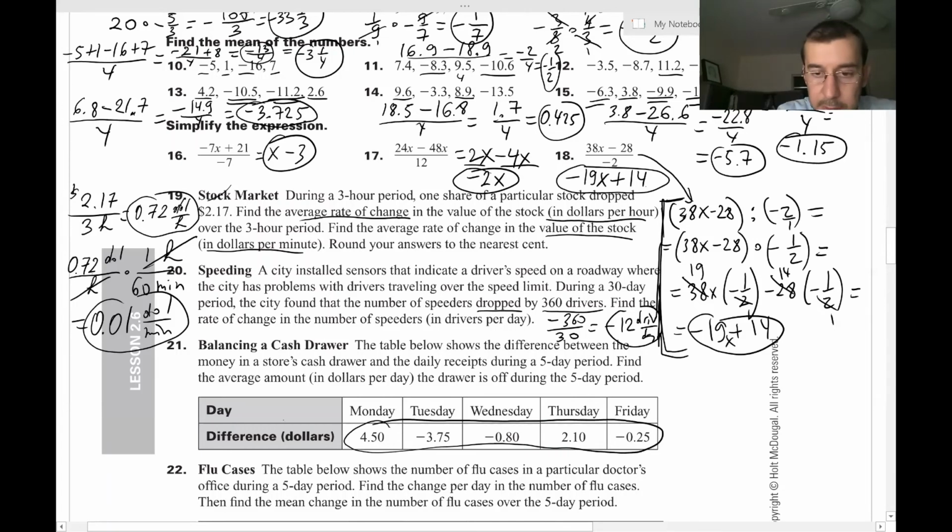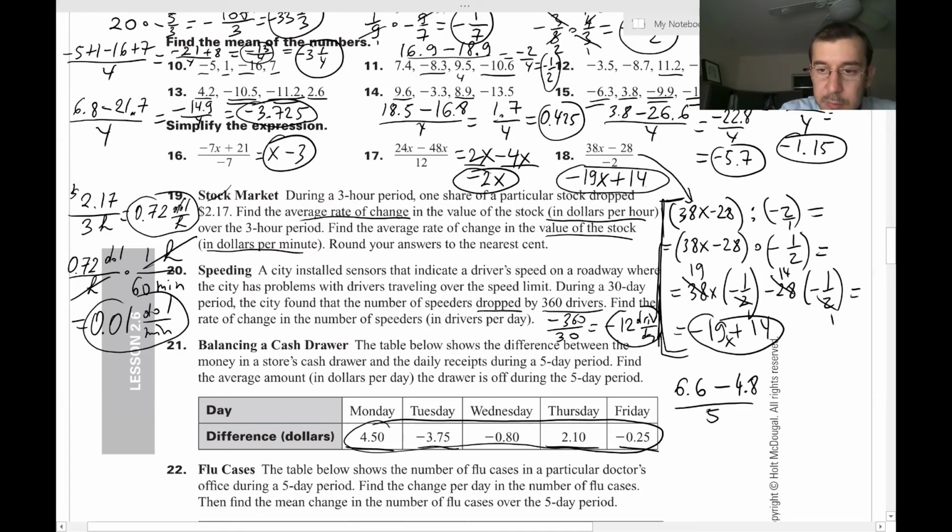So let's add up first the positive numbers, 4.5 and 2.1. That's going to be 4, 5, 6, 6.6, so 6.6. And then add up the negative numbers, 3.75 and 0.25, that's 4.8, minus 4.8, divided by 5.